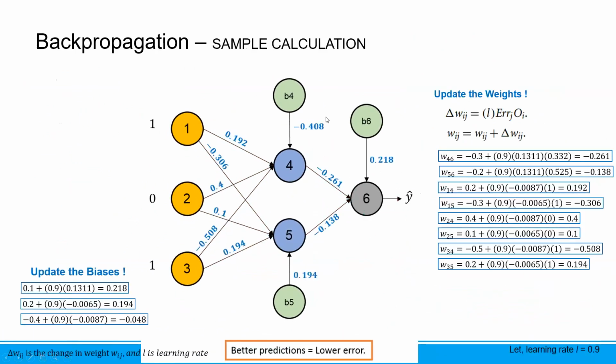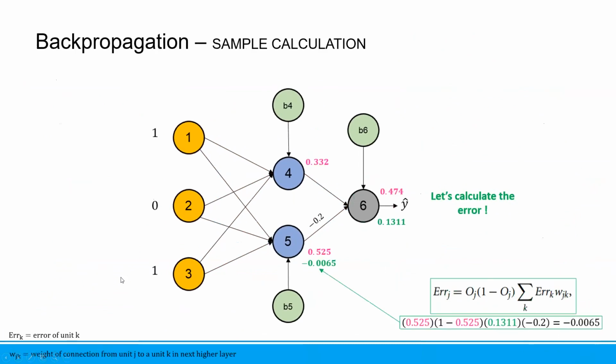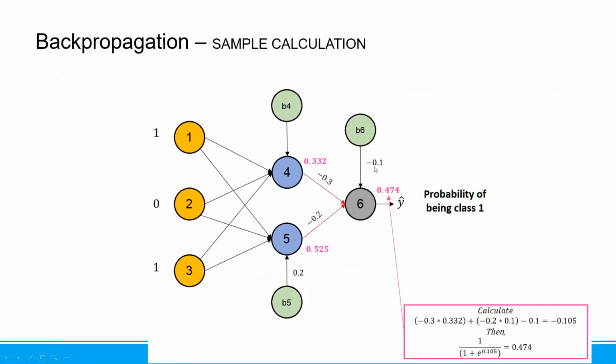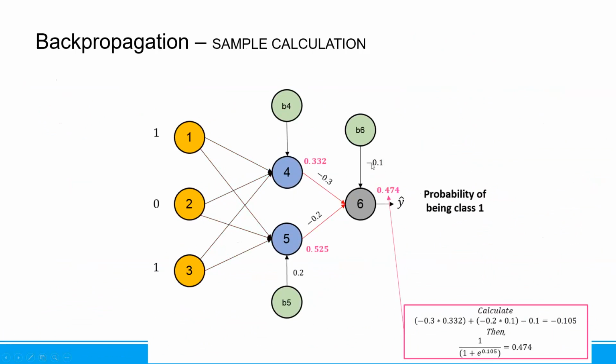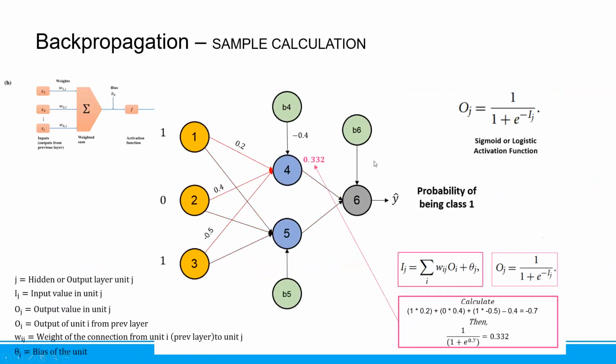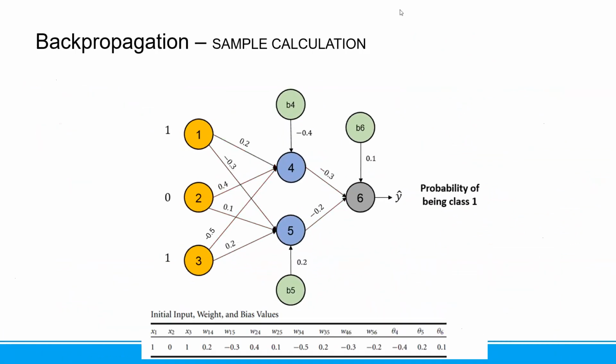So here, the bias is 0.1. I guess this is wrong. This should be minus 0.1. Or maybe I mistyped this one. Sorry, too many typos. This should be 0.1.